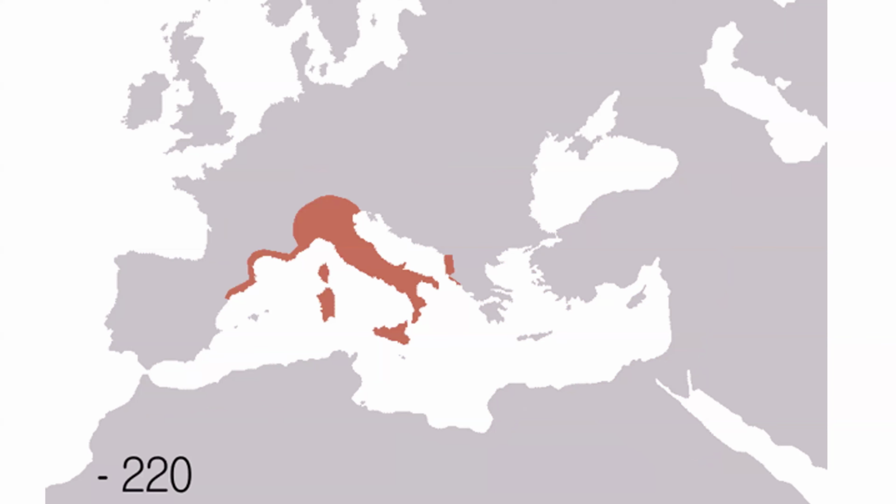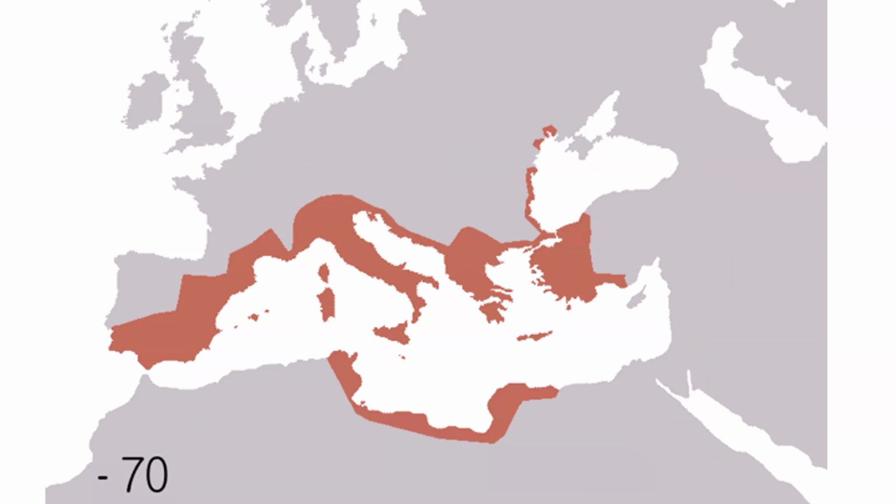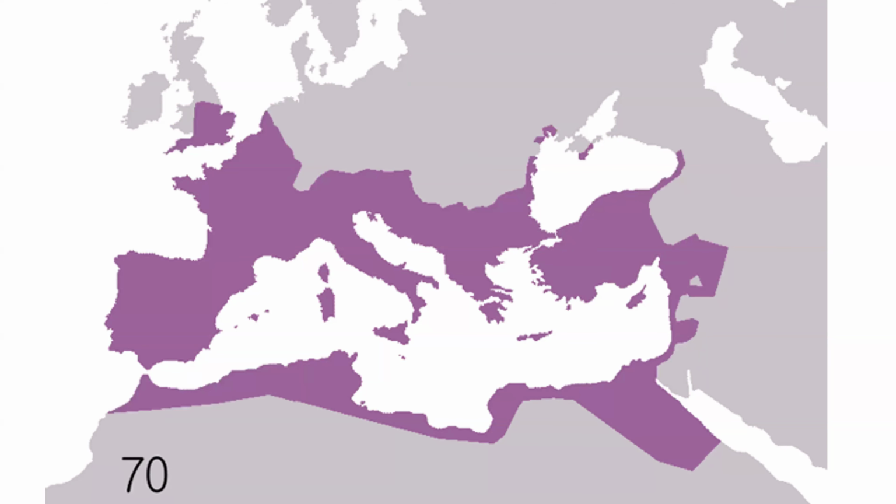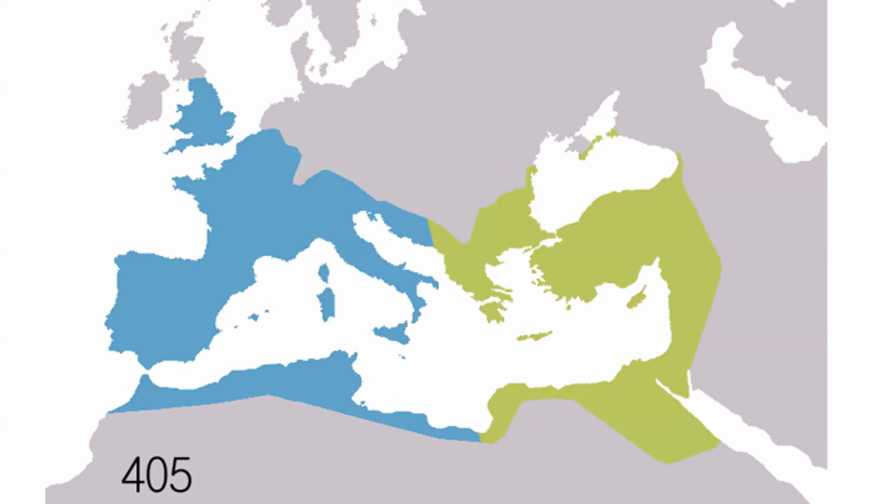So we're going to talk about the Roman Empire, and we're going to talk about the Eastern Roman Empire. Today we think about it as the Byzantine Empire, but the people who lived in the Byzantine Empire would have never called it that. They were Romans.